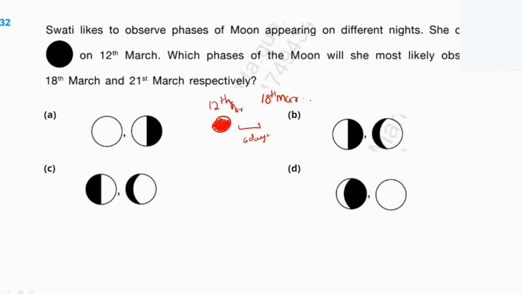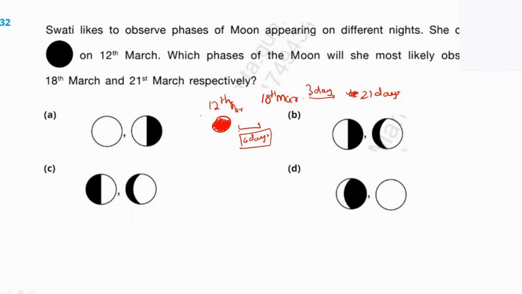And 21st March is how many days from 18th March? 3 days. Okay. So in between 12th March and 18th March, there are 6 days. Okay. So almost two phases, almost one phase in between will come. So you have to skip one phase in between in order to reach our answer.